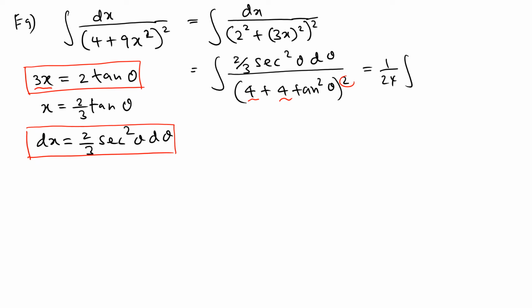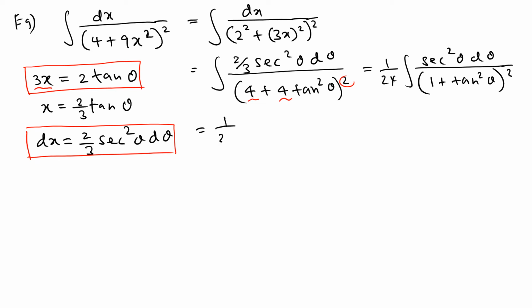1/24. And then in the numerator we have secant squared theta d theta, and then also here we have (1 plus tan squared theta) whole thing squared. So how do we simplify this one?